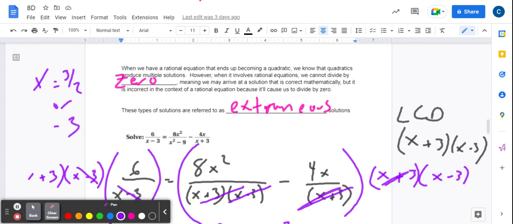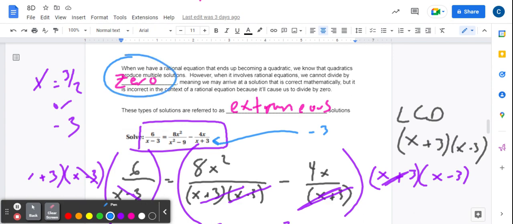We'll look at our original equation right here. With this denominator right there of x plus 3, we cannot plug in negative 3 there. Okay, because remember, negative 3 would make us divide by 0. So even though negative 3 mathematically works out, it ends up not being an answer. Okay, so our only answer is going to be 3 halves for x.